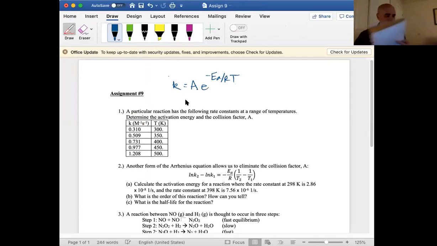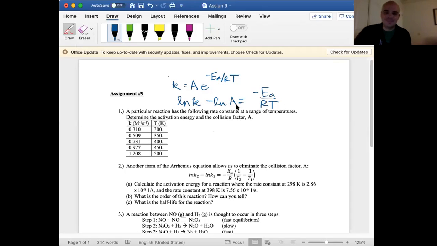So if we take the natural log of both sides and move the A part over, then this is the equation that we would get. Except I wrote a K. Let me get that right. Here we go. It's the k.